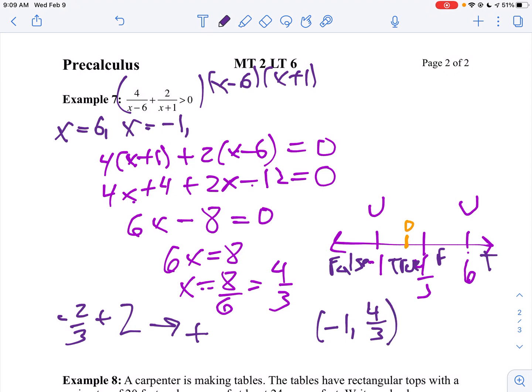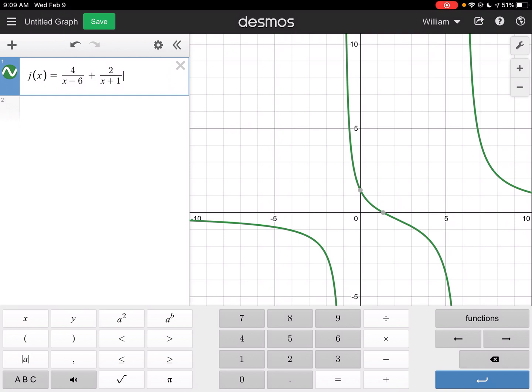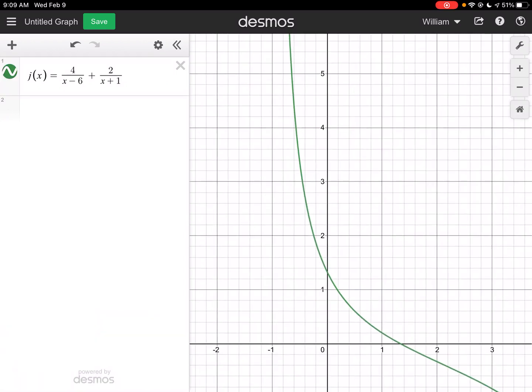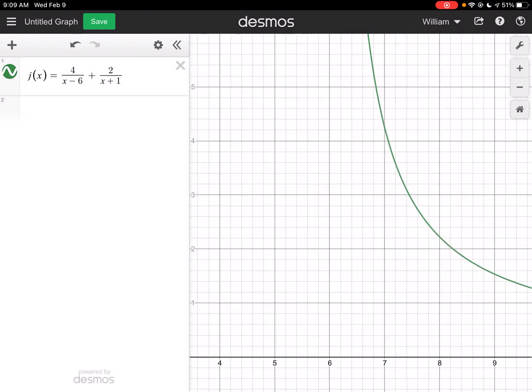So union, and then I'm going to go from 6 to infinity. And there's our answer. And we can verify that by graphing too. When is my graph greater than 0? Well, my graph is greater than 0 in 2 parts. We've got this part right here, and then this part right over here. And that's what our answer is.